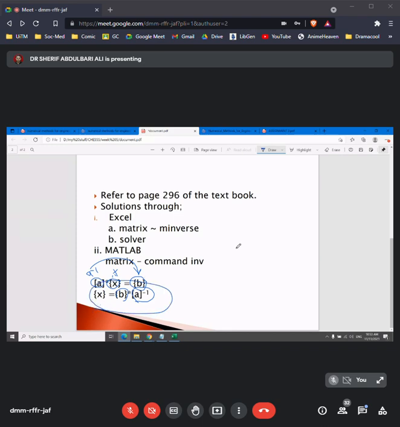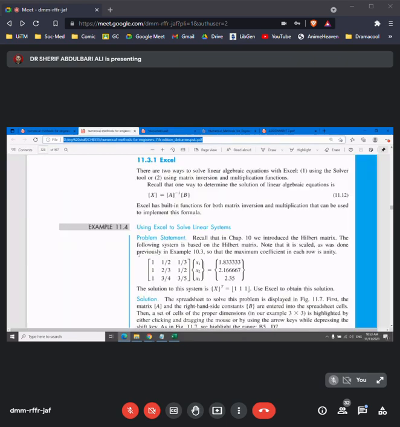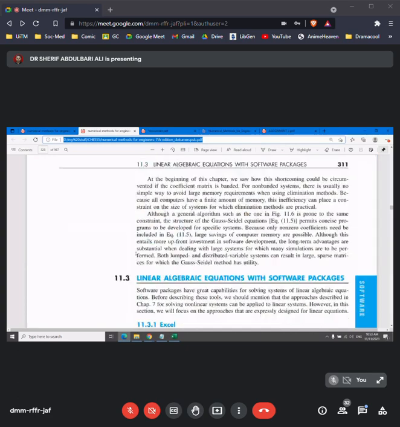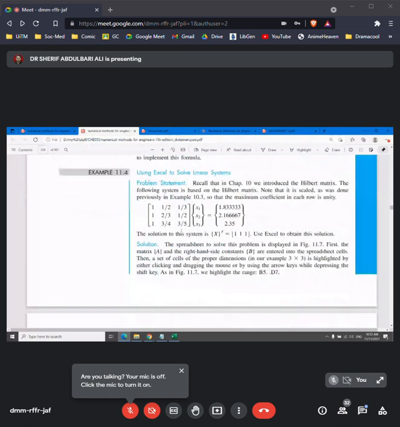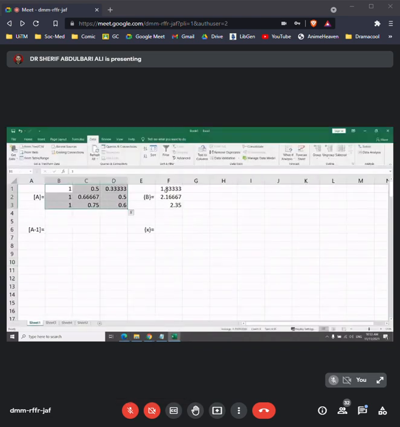So how to do this in Excel first? By the way, it's this example in your textbook at page 311, and this is the example we are going to use. First, open your Microsoft Excel and prepare your Excel file into this form. I will give you about 5 minutes.